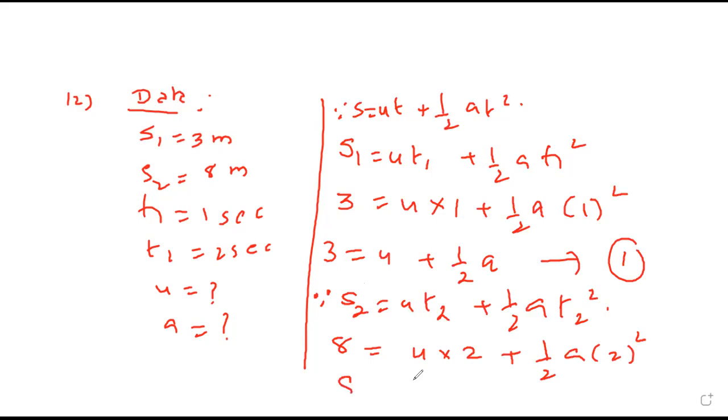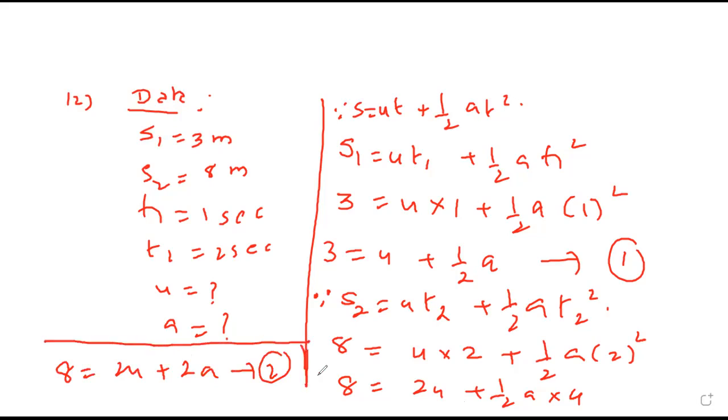Therefore, 8 is 2u plus half a into 4. Therefore, 8 equals to 2u plus 2a, equation 2. Please copy it till there. There are two unknowns, therefore they have given two displacements.